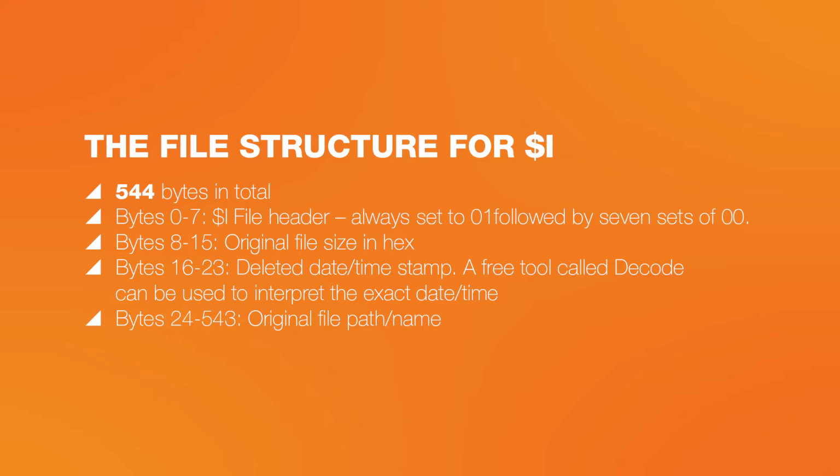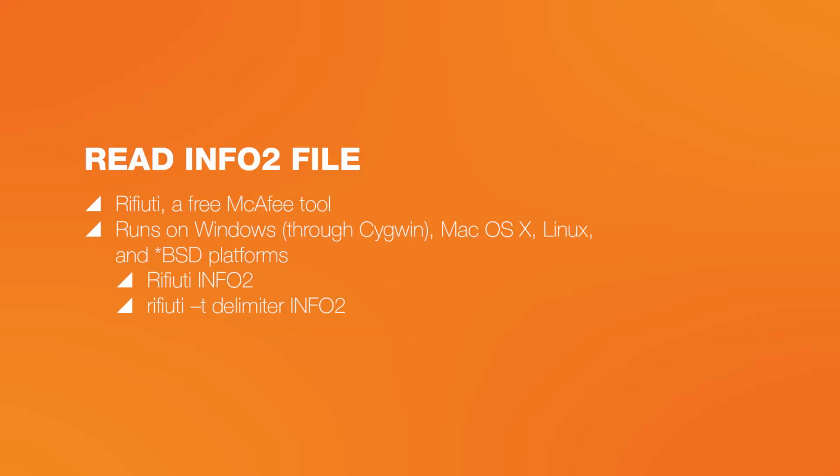Unfortunately, neither the INFO2 file nor the $I files are in readable text. Rifiuti, the Italian word meaning trash, was developed by McAfee to parse the information in an INFO2 file and display the fields separated by a field delimiter.